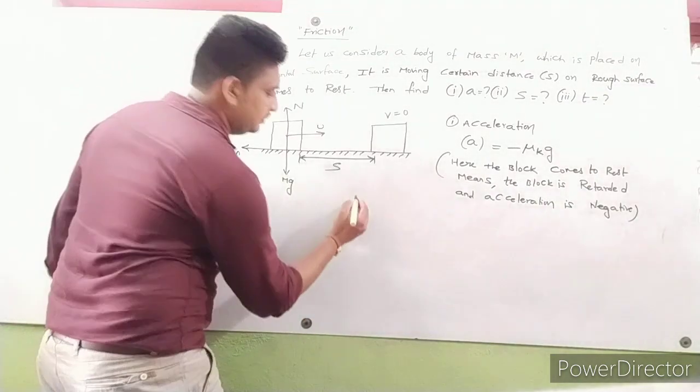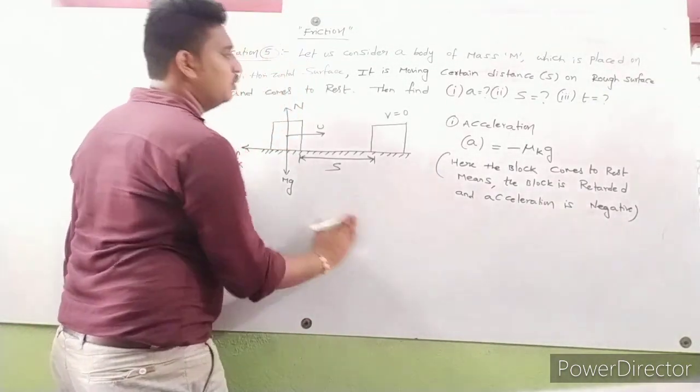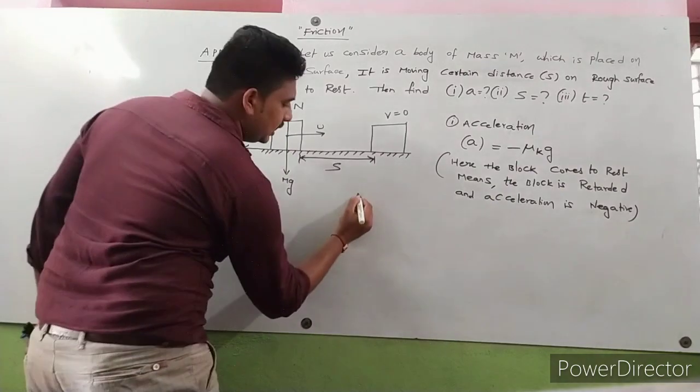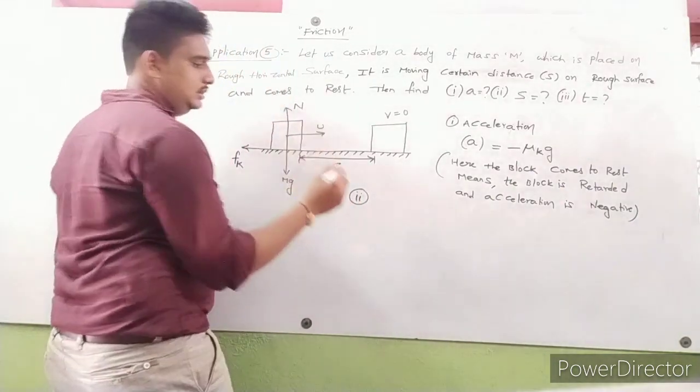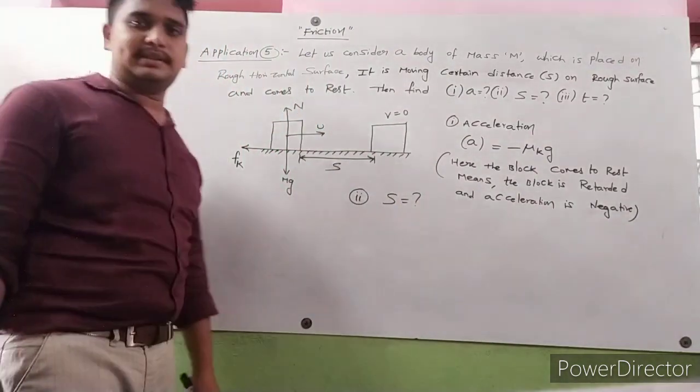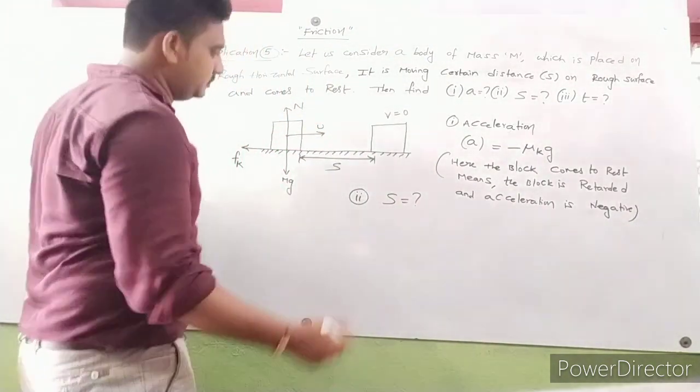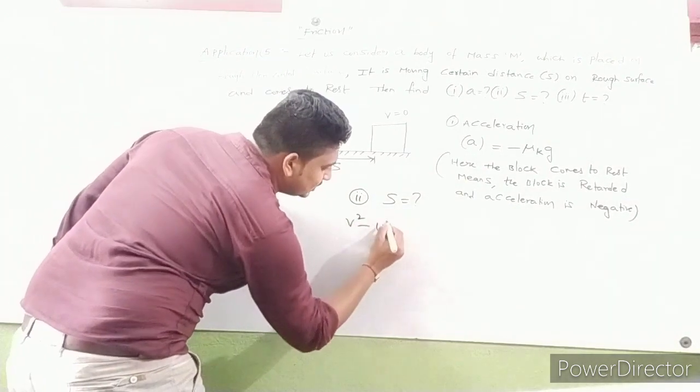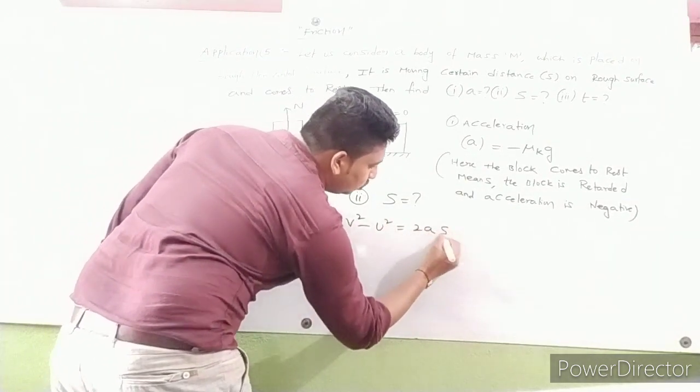Next, second, we need to find the S value. According to kinematics, v squared minus u squared is equal to 2as.